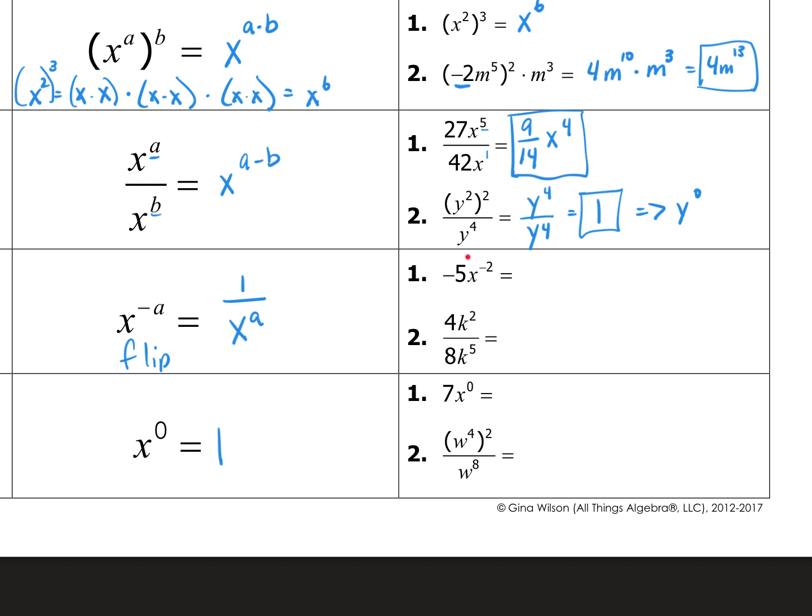But because this does not have parentheses, this negative 2 only applies to the x. So in this case, we're going to keep it negative 5, but now look what happens. Our x goes underneath and becomes positive and is a 2. So this is our answer for the first example.